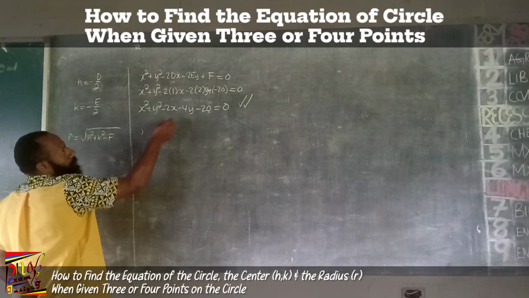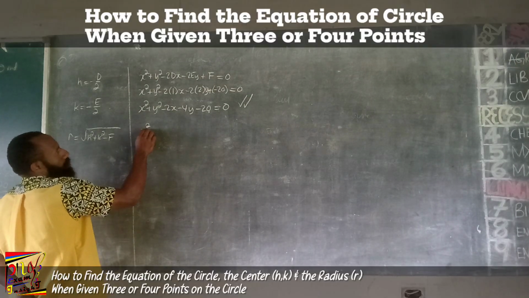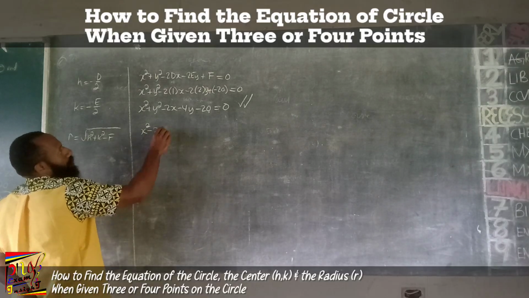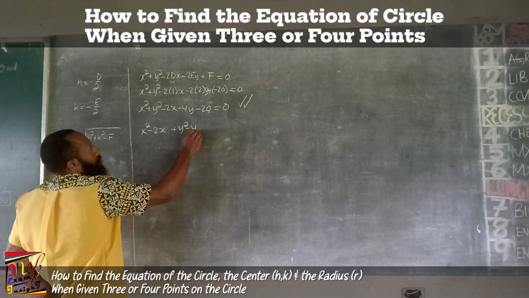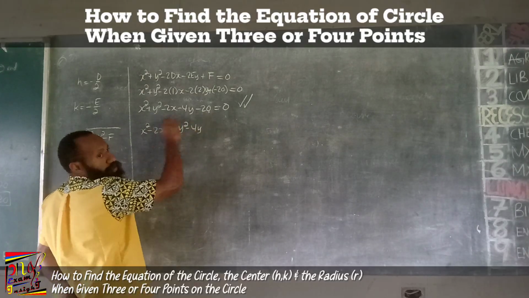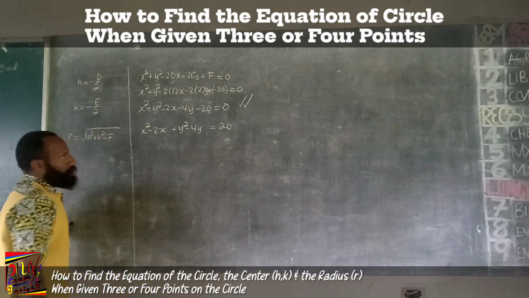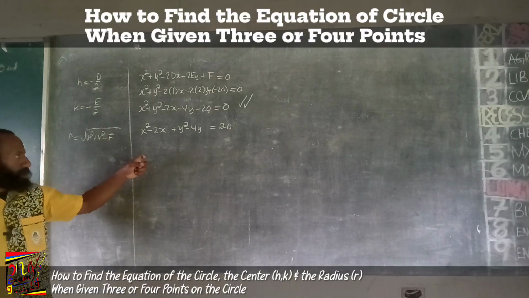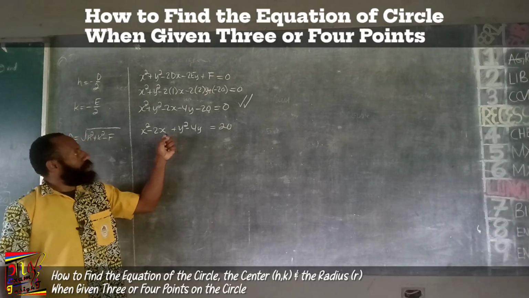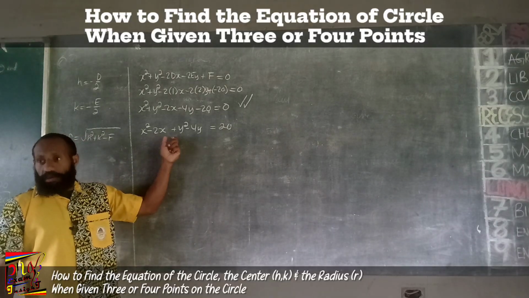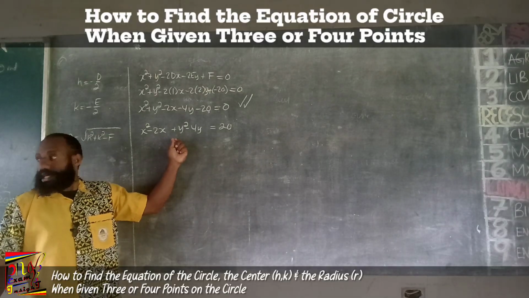So we have, I'm trying to rearrange now, x squared, bring the term with x, which is minus 2x, plus y squared minus 4y, and then minus 20, we bring it over, it becomes plus 20. So we're trying to do completing the square. For completing the square, we take half the coefficient of x and y, we square it, and then we add to both sides of the equation.